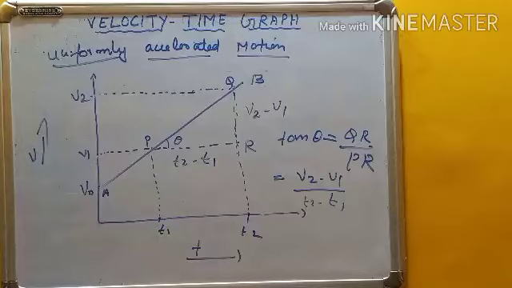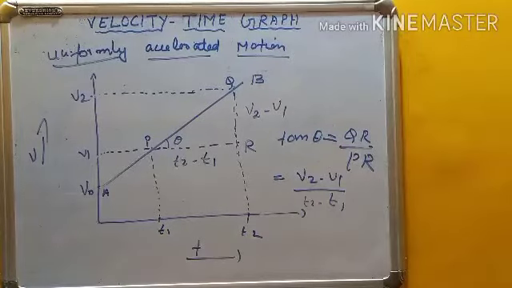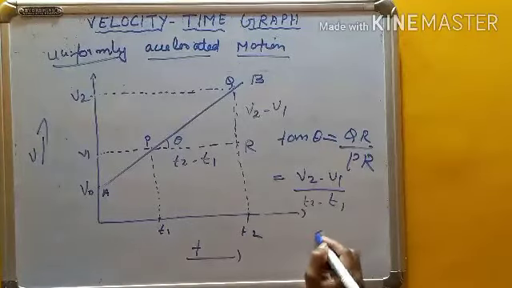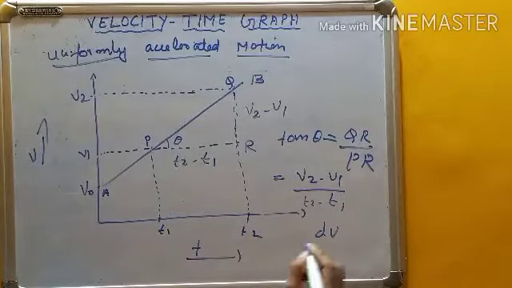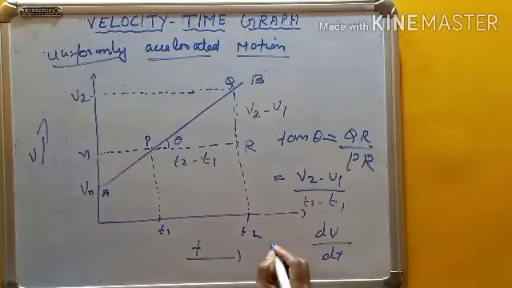So V2 minus V1 is the change in velocity, and T2 minus T1 is the time interval. So change in velocity divided by time interval. Change in velocity means dV, time interval dt, and all of you have studied in class 9 that the rate of change of velocity is defined as the acceleration of the body.